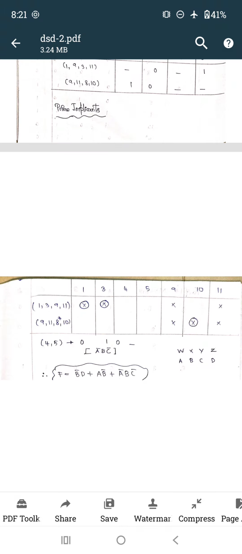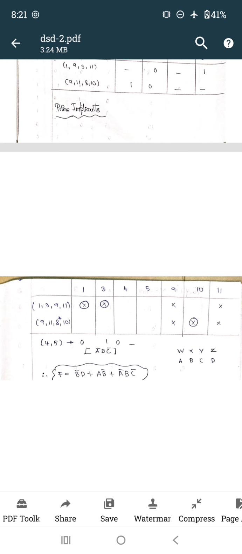So in the case of grouping, for 4 comma 5 the value is a bar b c bar. So this is the variable for this prime implicant. So for 4 comma 5, a bar b c bar.